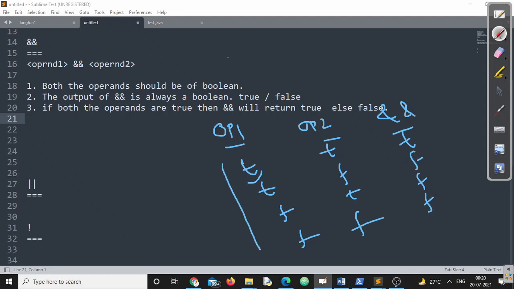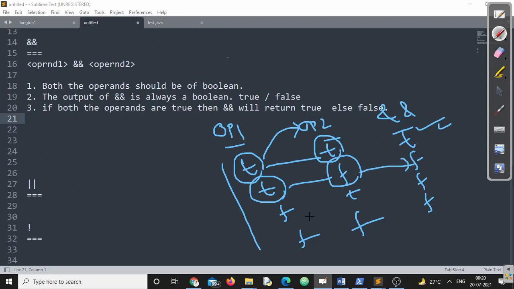When the first one is true, the second operand has to be evaluated, because we have to check whether the second one will be true or not. If that is true, then the result will be true. Similarly, if the first one is true, the second one needs to be checked. If the second one is false, then this is false. But in the next case, look at this very carefully. Suppose the first one is false.